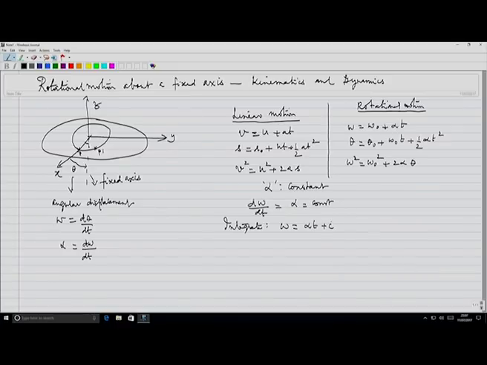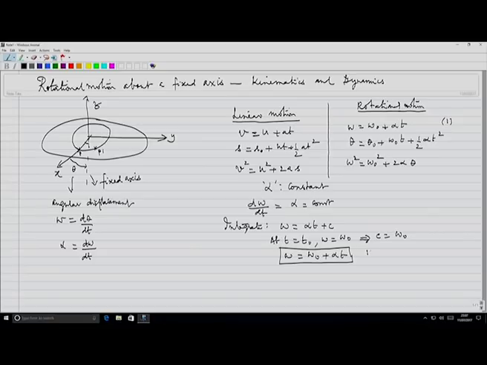I am integrating between 0 and t. Then at time t is equal to t naught, let us say omega is equal to omega naught. Therefore this implies c is equal to omega naught, and hence I have the relation omega is equal to omega naught plus alpha t. So this is the first equation.